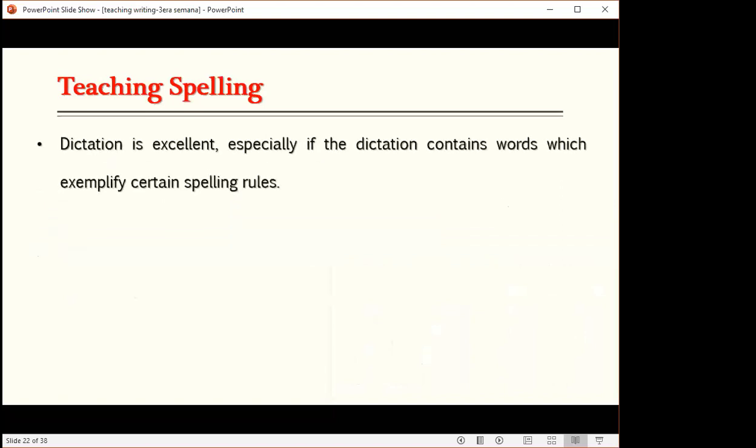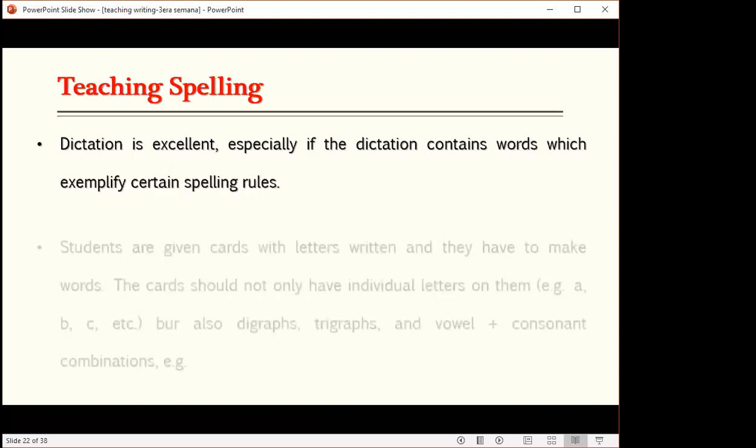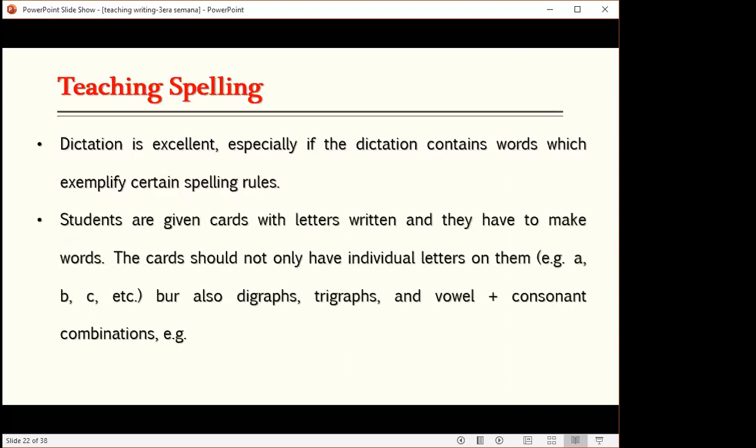Another way to practice spelling is dictation, especially if the dictation contains words which exemplify certain spelling rules. For example, the students are given cards with letters written and they have to make words. The cards should not only have individual letters on them, for example A, B, C, but also digraphs, trigraphs, or maybe vowel plus consonant combinations.